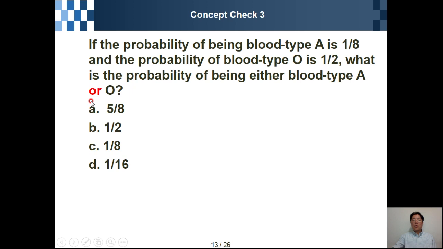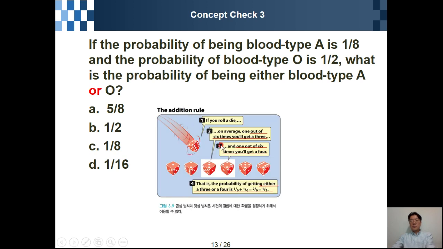Either A or O means this will be the addition rule. So the probability of blood type A is 1 out of 8, and blood type O is 1 out of 2. So finally, it will be 5 out of 8, like this. Okay.